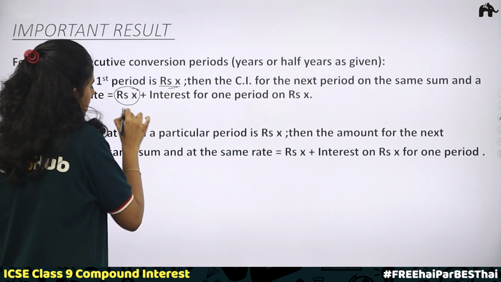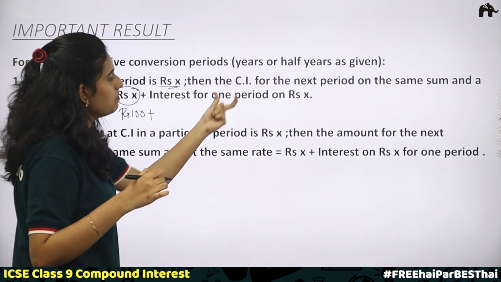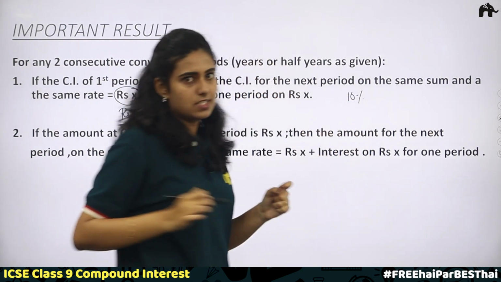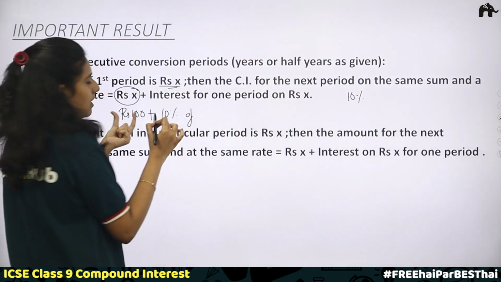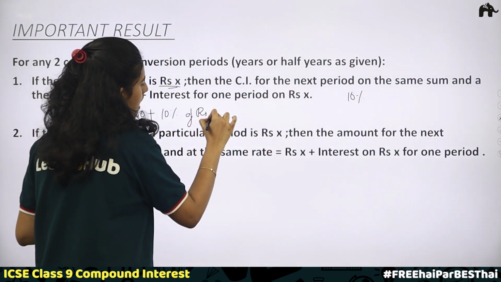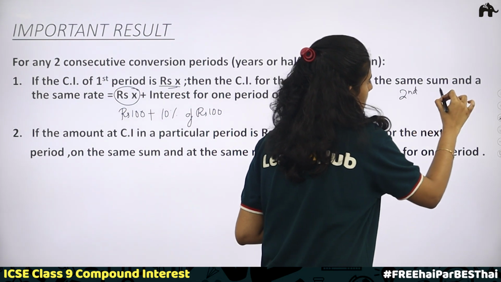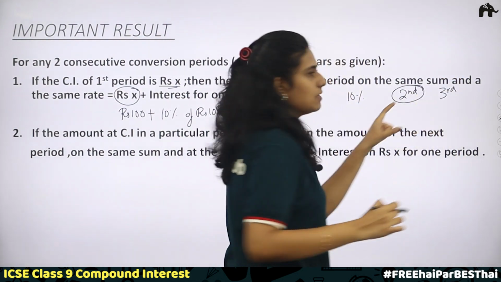If it is rupees 100, then rupees 100 plus interest for one period on rupees X. Let's say the rate of interest is 10%. Then 10% of this interest amount, that is rupees 100, if you are considering the second and third year. Second and third year when considered, the second year will be the first period.